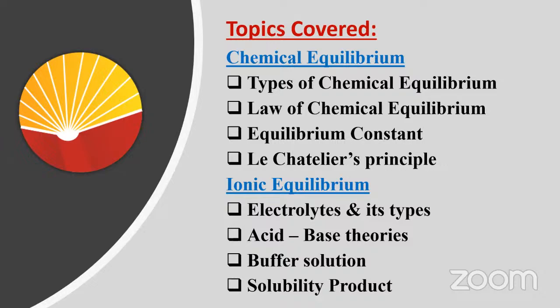And in ionic equilibrium, we will discuss questions from electrolytes and their types, acid-base theories, buffer solution, and the solubility product. We are going to take the questions from these topics only.